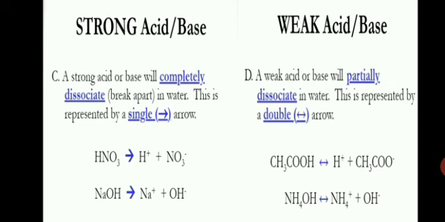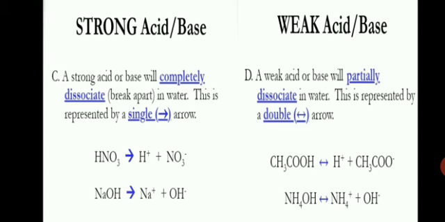If we put litmus paper into hydrochloric acid or carbonic acid, it shows the same color, blue changing into red. Similarly, if we dip a red litmus paper into a base, whether sodium hydroxide or ammonium hydroxide, it shows red to blue.